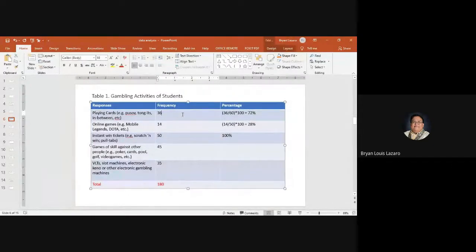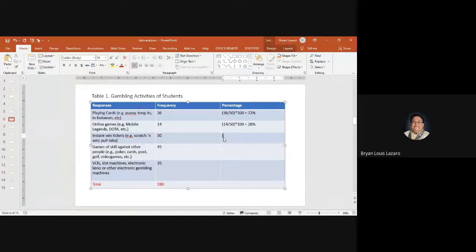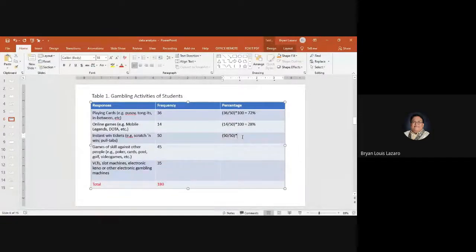Pero kapag kumuha ka ng percentage, halimbawa 50 lang yung respondents mo, i-divide mo lahat sa 50. Kasi ibig sabihin, out of 50, 36 yung naglalaro ng playing cards. Out of 50, 14 yung gumagamit ng online games. Nagagets nyo ba ako?